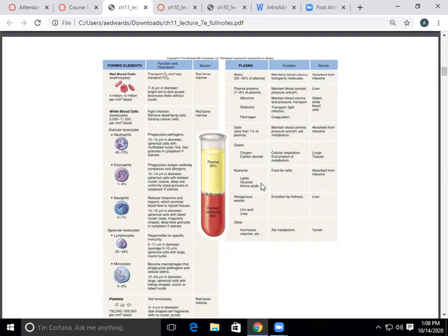You also have your plasma, and again, your plasma is mostly water. Okay. Some plasma proteins. If you were to separate out your blood into different sections, about a little over half is plasma. A little under half is the formed elements, and then you've got a little bit, it's called a buffy coat.